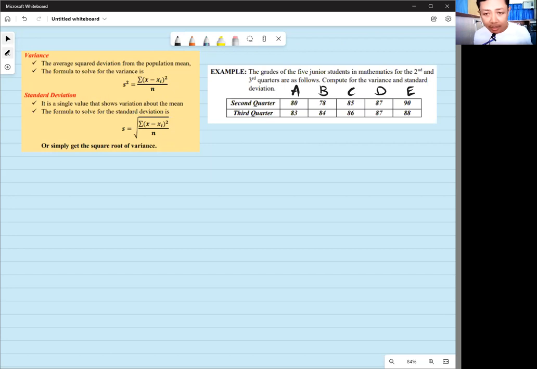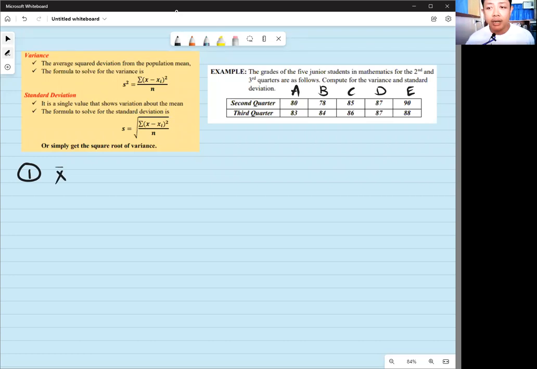Okay, so we are now looking at the spread of the data that we have taken from these learners. The first thing to do is compute for the mean. That's always the first step. The reason why we make use of the mean as our basis is that the mean talks about the average.